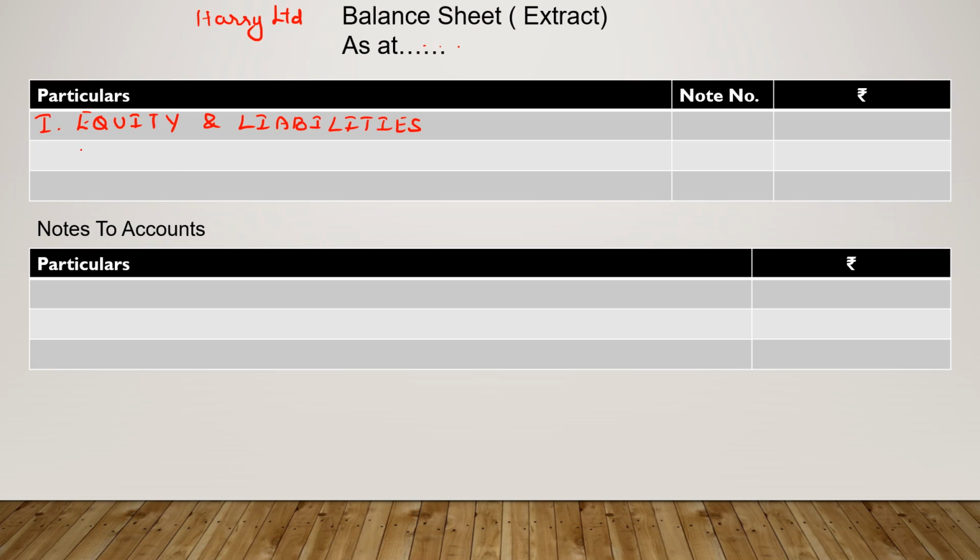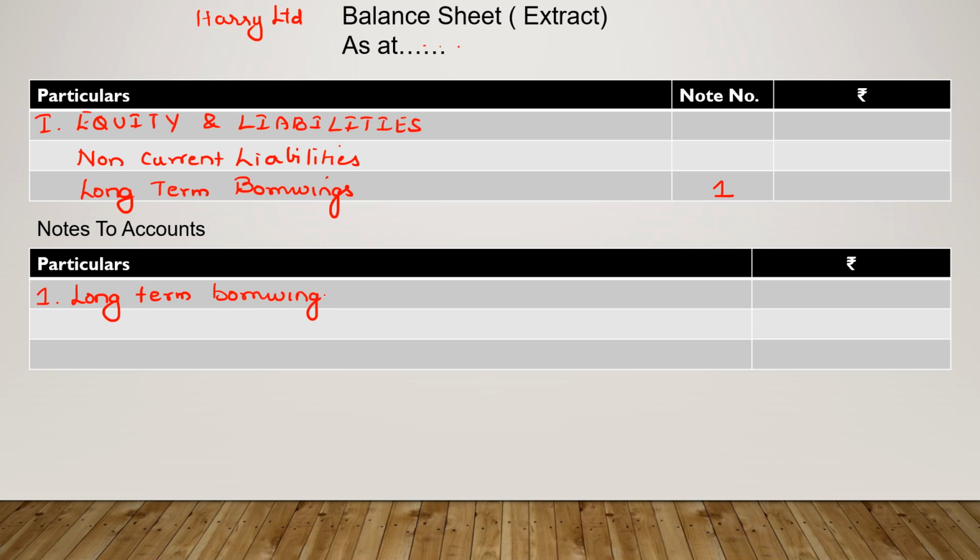Therefore, it would be under the head non-current liabilities. If it was a short-term borrowing, the heading would have been current liabilities. Assuming it is long-term borrowing, we put it here, and the subheading would be long-term borrowings. We put note number 1 and prepare note number 1 for the long-term borrowings.